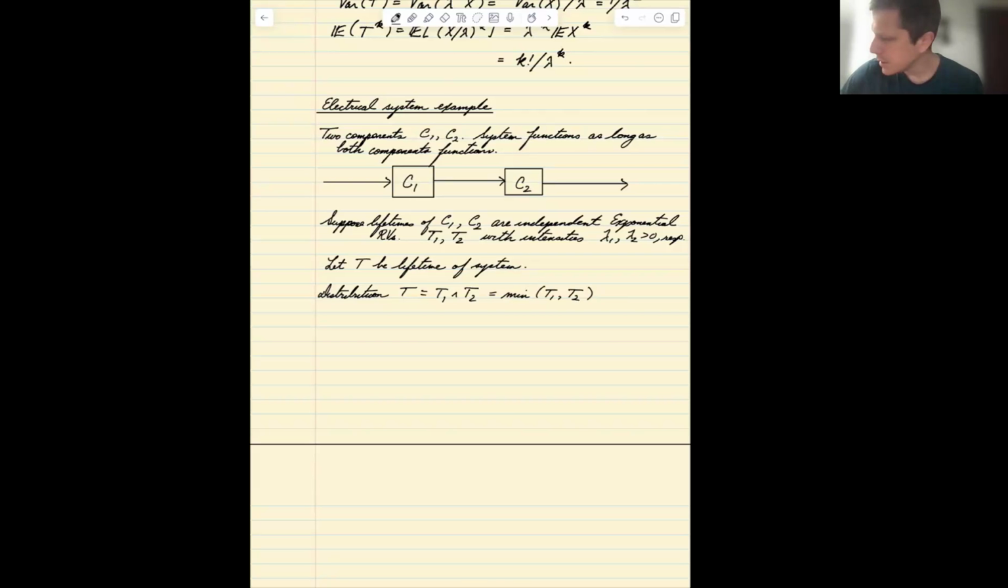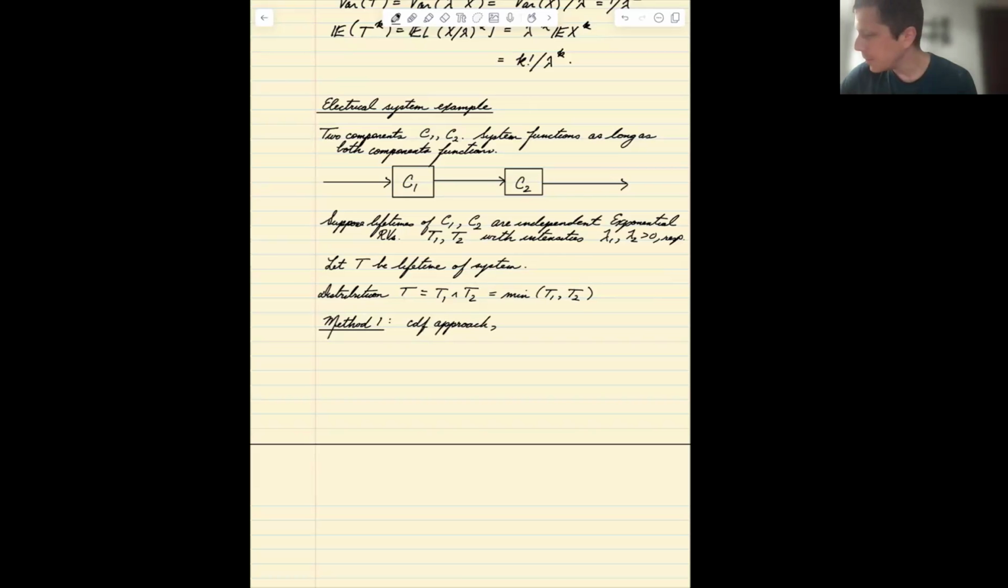So how can we calculate this distribution? Well, we know of a few ways we can do it, and we'll do both just to make sure that we're fully understanding what's going on. The first is the CDF approach.